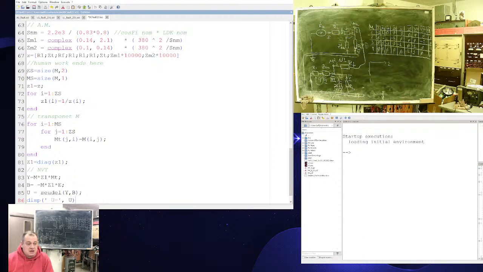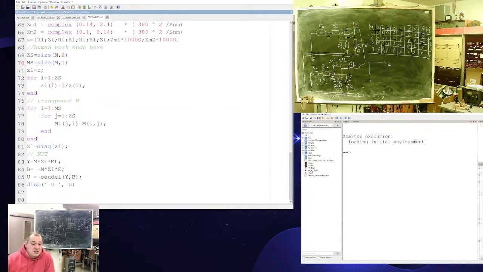What's in here? Number of branches, number of nodes, very simple inversion of the resistance matrix. I have a network where all mutual inductances are eliminated, so the matrix will be purely diagonal. Transpose of the first incidence matrix.